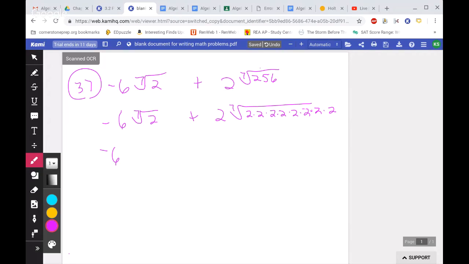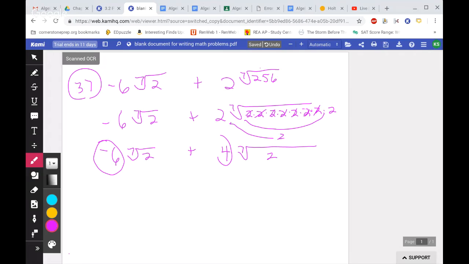I can pull that 2 out because it's a group of 7. So 2 times 2 is 4, and now I have the 7th root of 2. I made a big old long radical for no reason. Now all I have to do is combine my -6 and my 4 for -2 times the 7th root of 2. And that's my final answer.